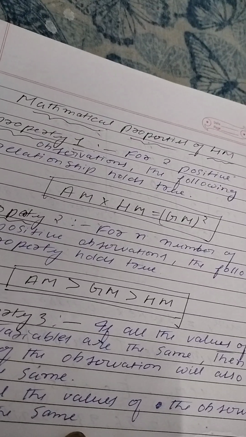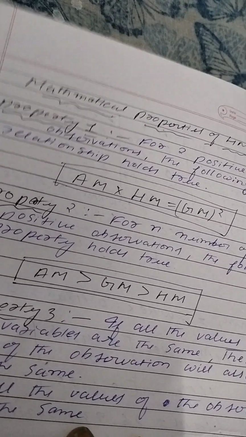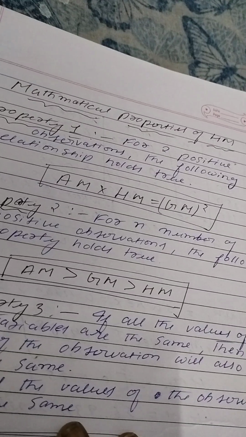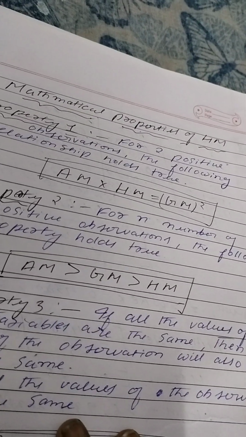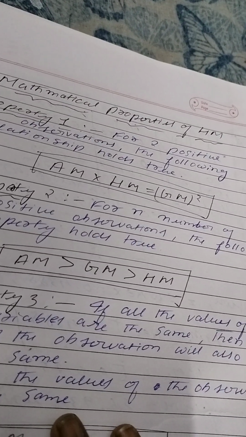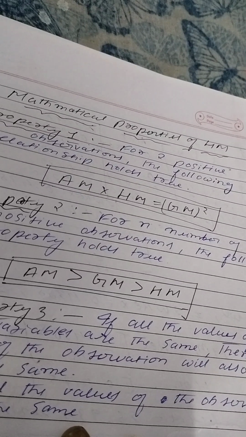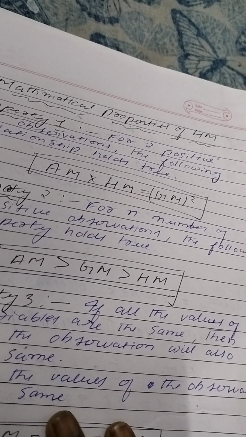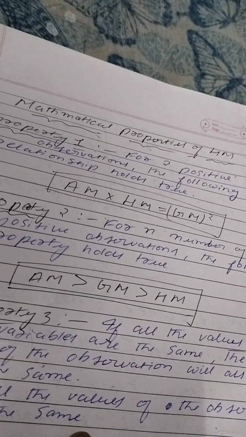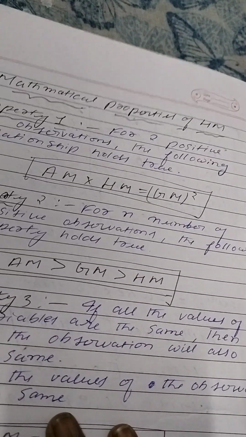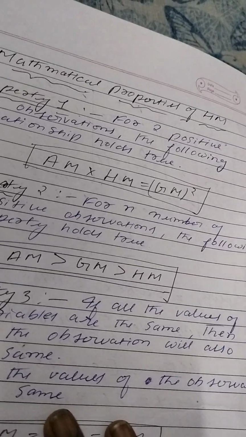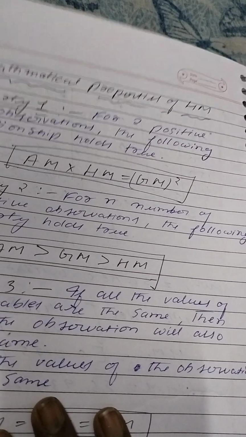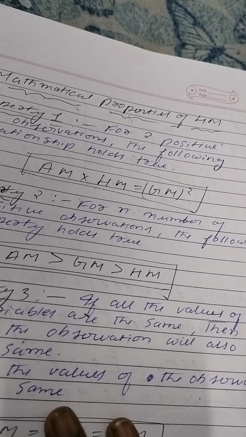If the observations are positive, then the arithmetic mean and harmonic mean are positive, and when both are multiplied it is equal to the square of the geometric mean. It is also helpful for questions. Suppose the question says the arithmetic mean is this and the harmonic mean is this, so find the geometric mean.